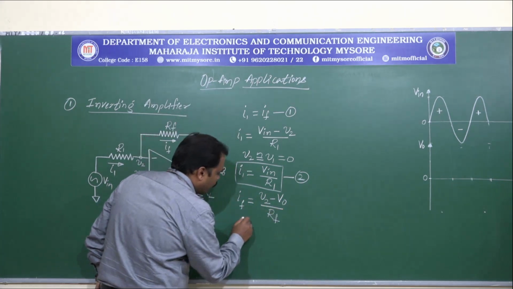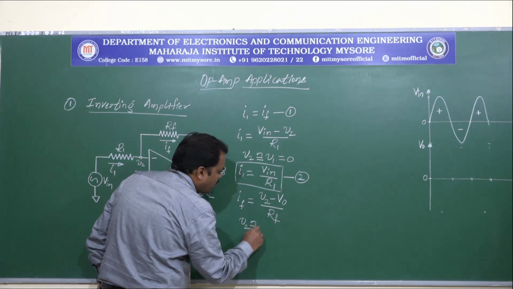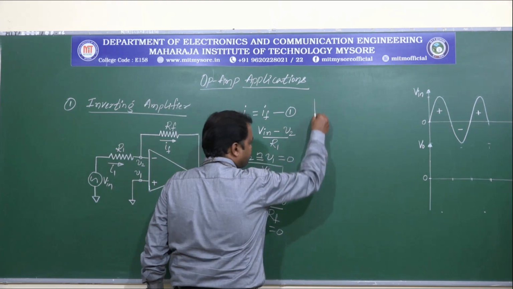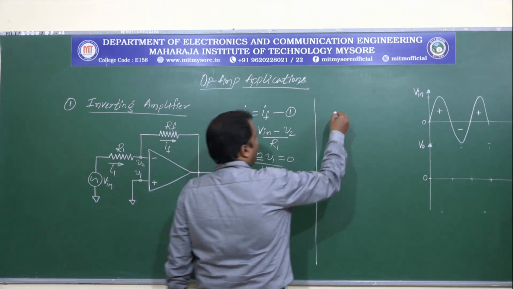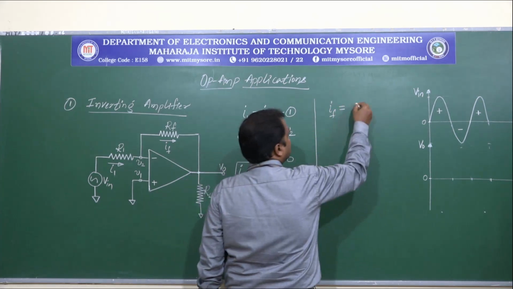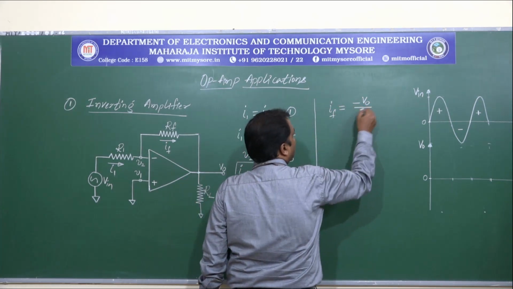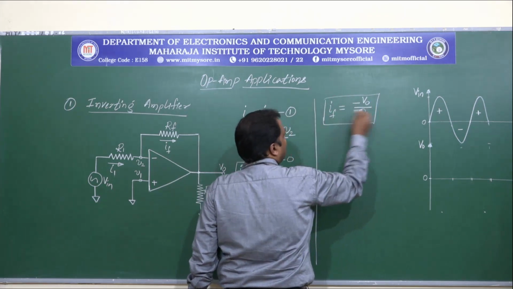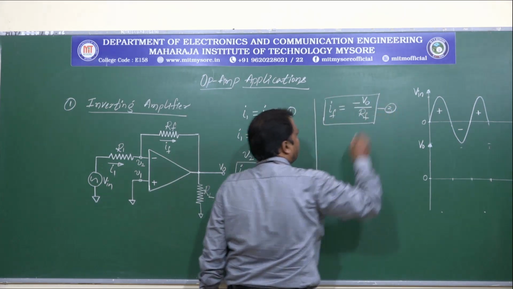Again, V2 is approximately equal to V1, which is equal to 0. So IF can be written as minus V0 divided by RF. Let this be equation 3.